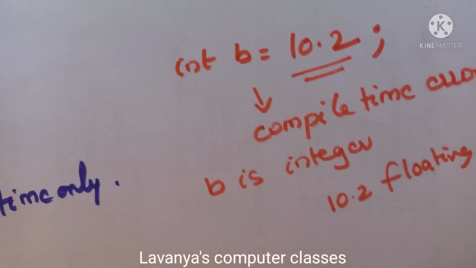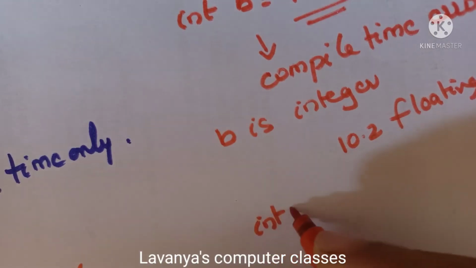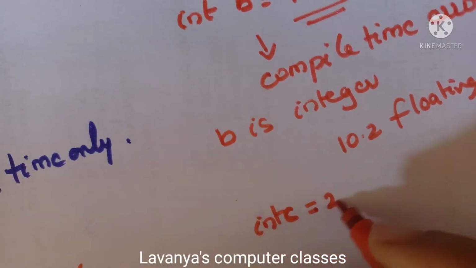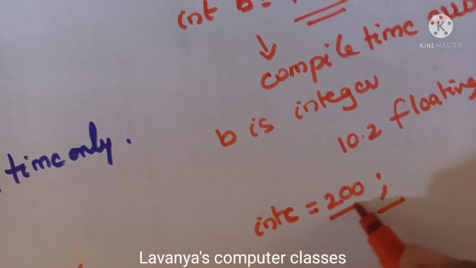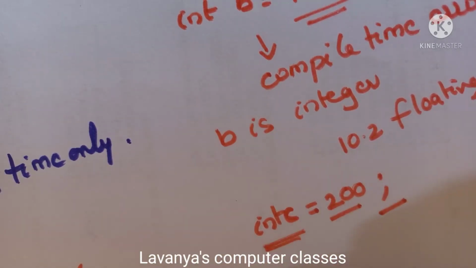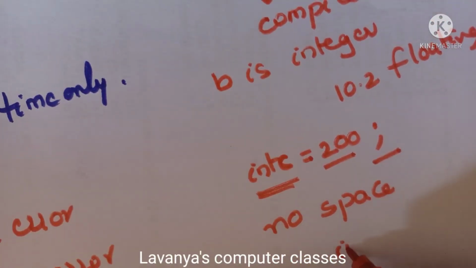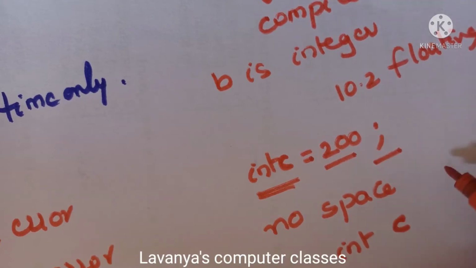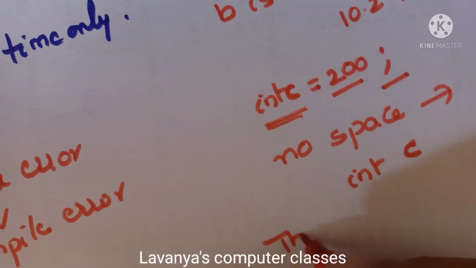Some compilers take 10 only, but some compilers give a type mismatch error, because that is a floating point and here it is an integer. One more example, int c = 200; the semicolon is there and the value is there, but it also shows an error. Which type of error? Compile time error, because after int and c, data type and variable, there is no space. That is also found at the time of compilation.